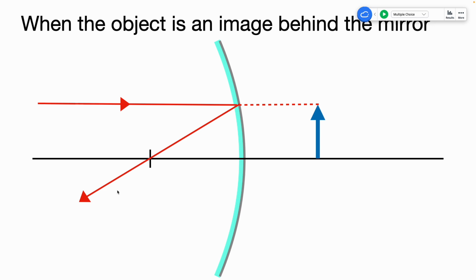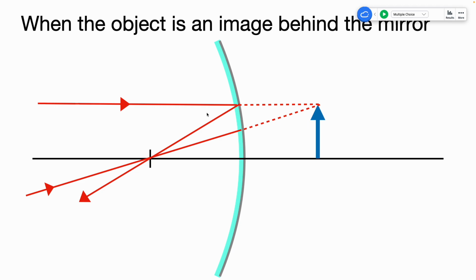And I can draw another line that will pass through this point. It is important that the line I draw will pass through this point without the mirror, because those lines have to form this image behind the mirror in the first place.